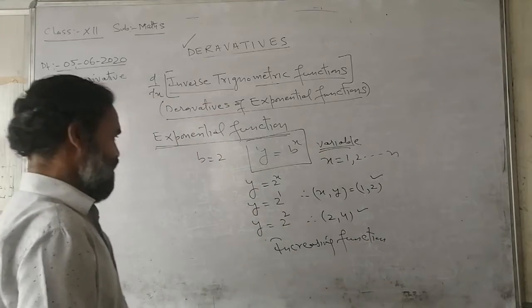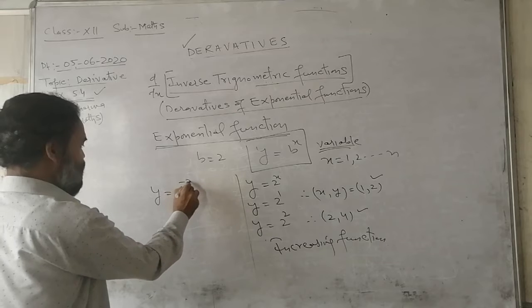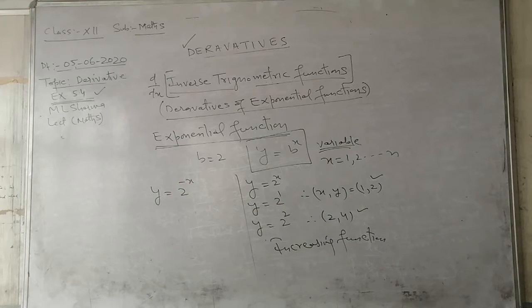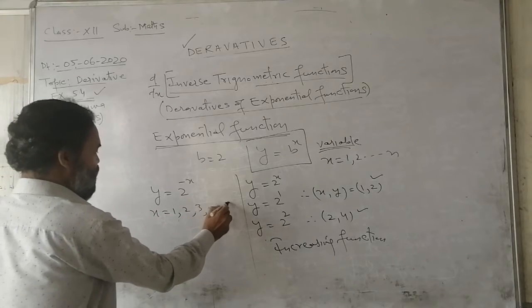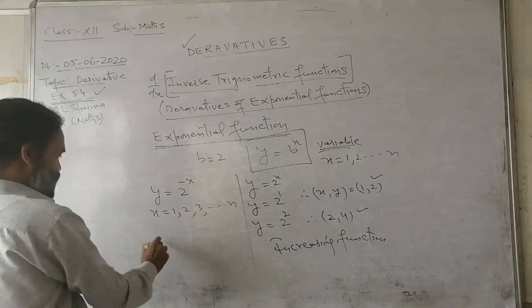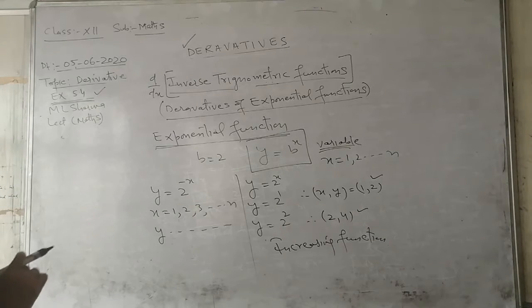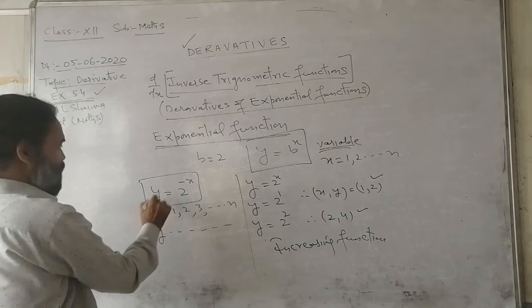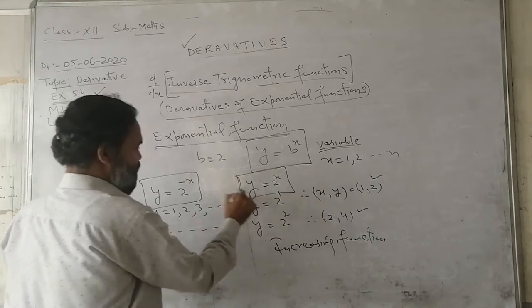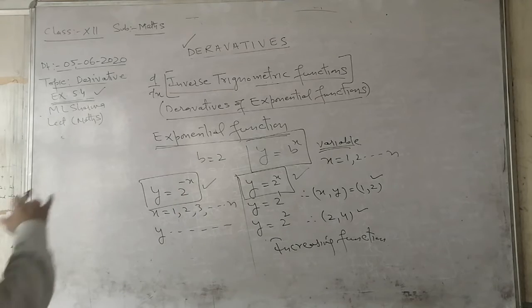Now if I take the value of x as negative, this is also an exponential function. I will have the corresponding values of y, and if I plot a graph, again it will be an exponential graph, but in the opposite direction. One will be in the upward direction, the other in the opposite direction.